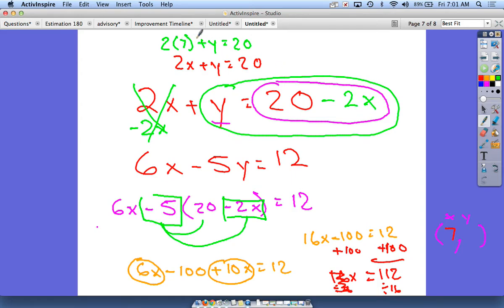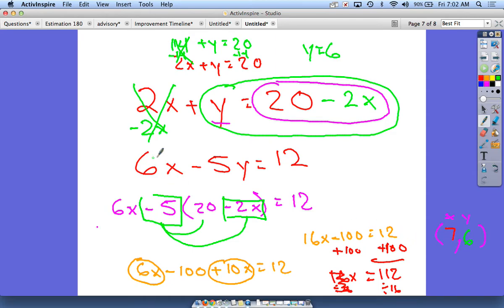I can simplify this. 2 times 7 would be 14. Again, I'm trying to figure out what y is, so my equation has to read y equals. So in order to do that, I can just get rid of this 14 by subtracting 14 and subtracting 14. That would cancel out, leaving me with y equals, and then 20 minus 14 is 6. So y would be 6 for my answer in this question.